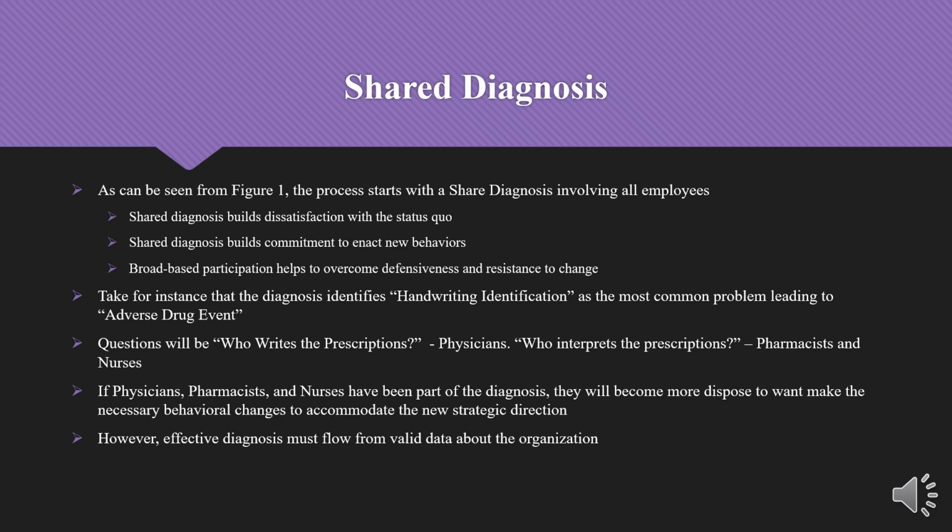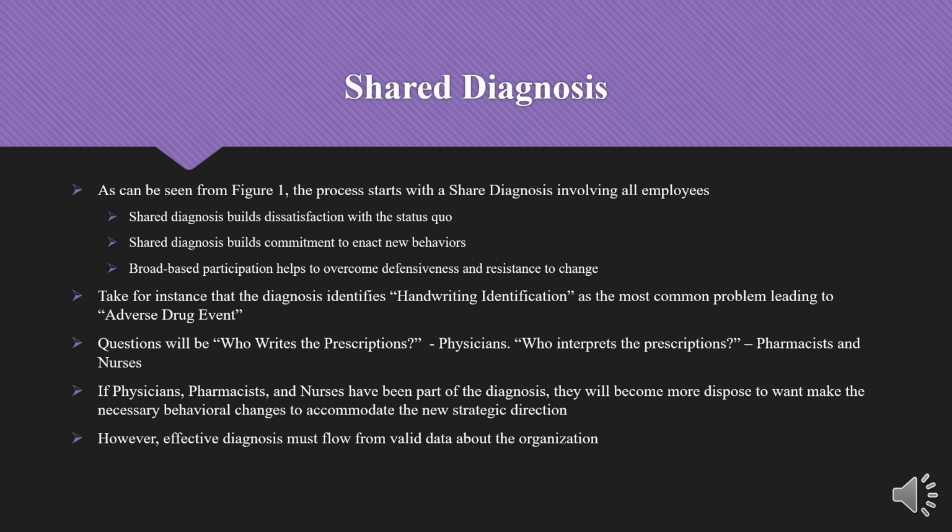Take, for instance, that the diagnosis identifies handwriting identification as the most common problem leading to adverse drug events. Questions will be, who writes the prescriptions? Well, of course, physicians. Who interprets the prescriptions? Pharmacists and nurses.